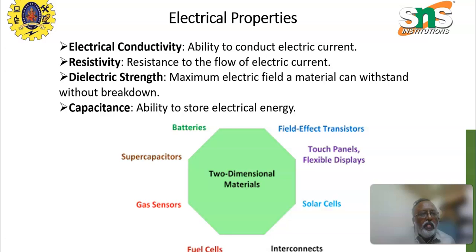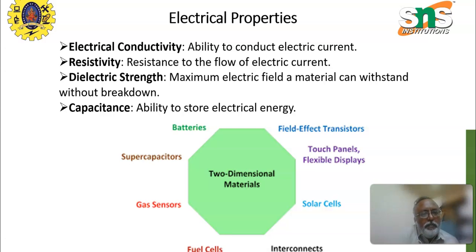which shows electrical conductivity, resistivity, dielectric strength, as well as capacitance. Here, electrical conductivity is the ability to conduct electrical current. It means that the material can pass electricity through it.